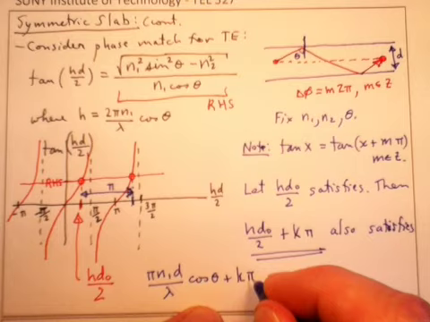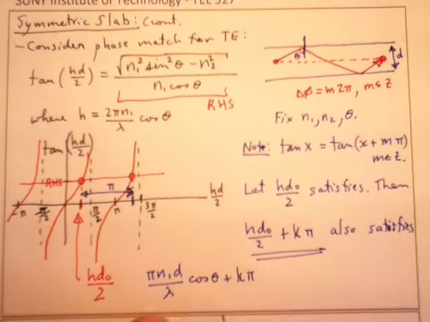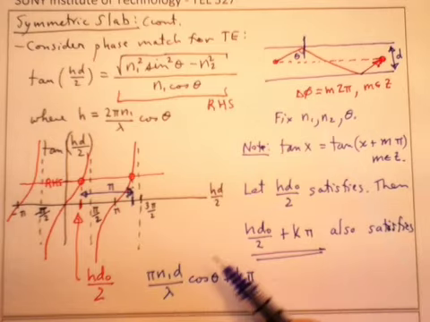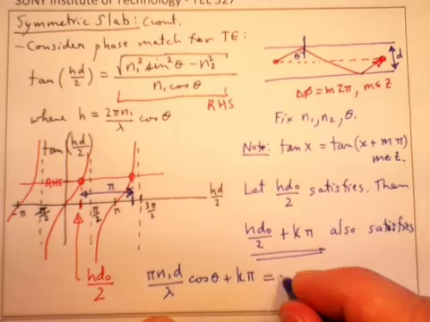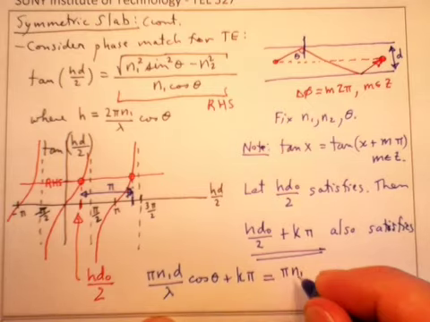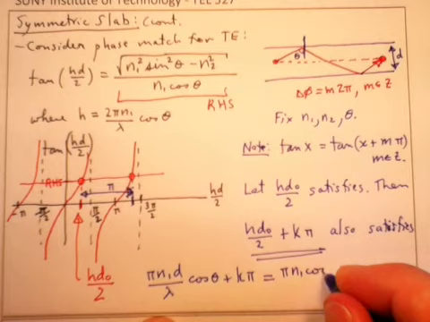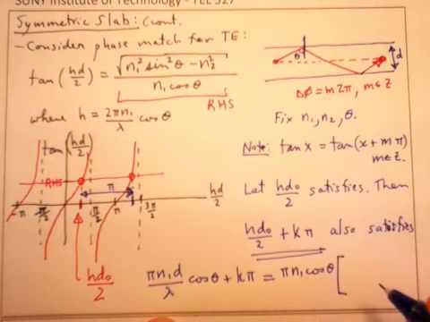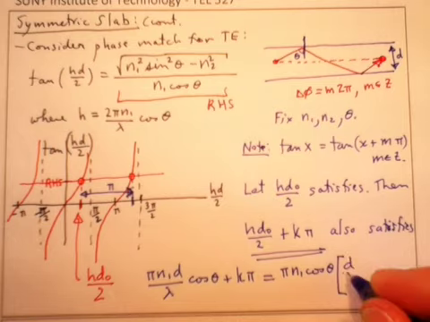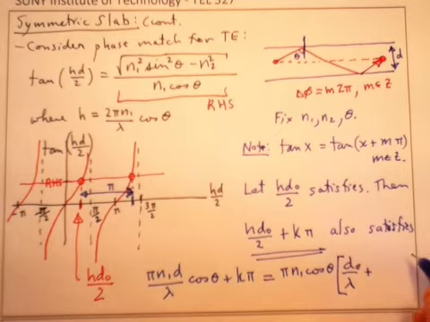Now n1 and theta were fixed, so I'm going to factor them out as constants. So I'm going to write pi n1 cosine theta, and then d naught by lambda, plus k over n1 cosine theta. Okay, this is the result we're looking for.